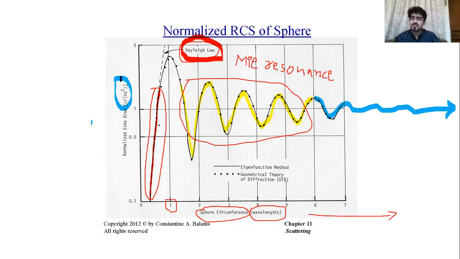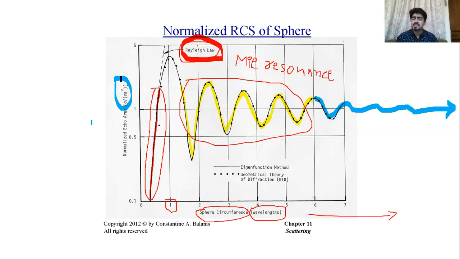what I'm trying to say is, for large spheres where your circumferential dimension is much larger than the wavelength, your radar cross section, or echo area, is going to approach, or equal, the physical cross sectional area of your sphere, and that is nothing but pi a square.